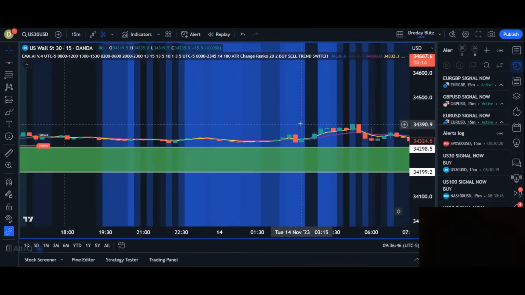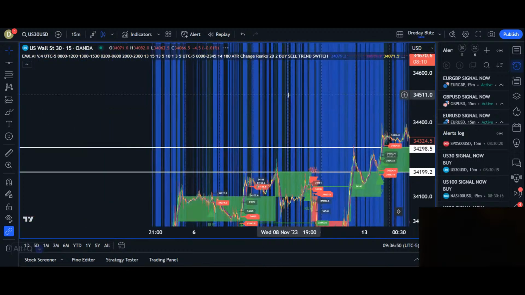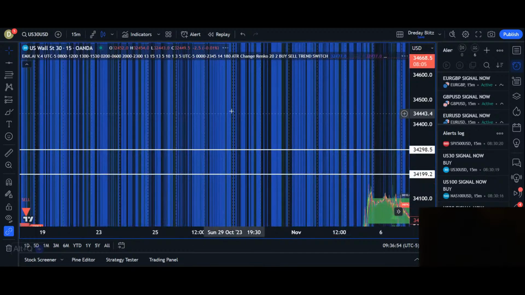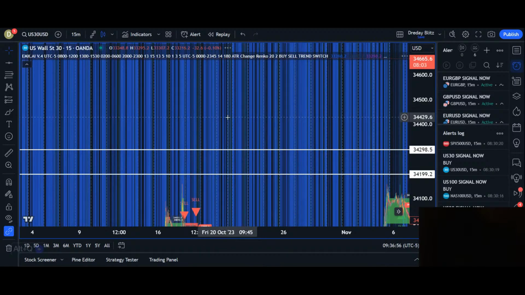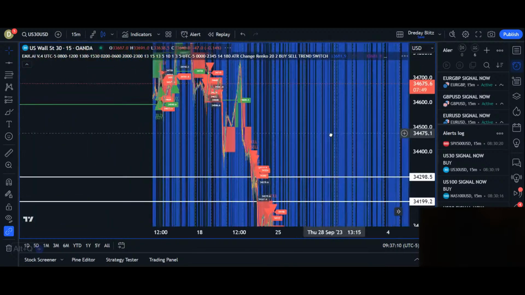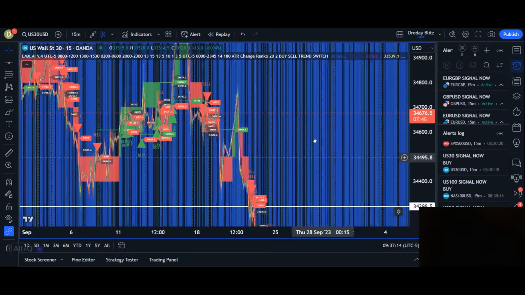What we do here is we go in the past and we plot our Renko bar. If we look at the past, that's called price discovery. I want to see price going where the price went in the past.